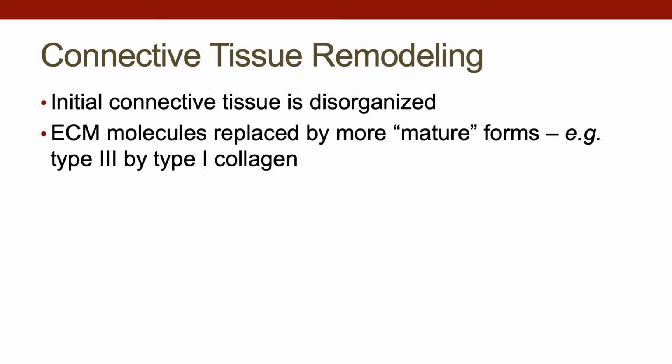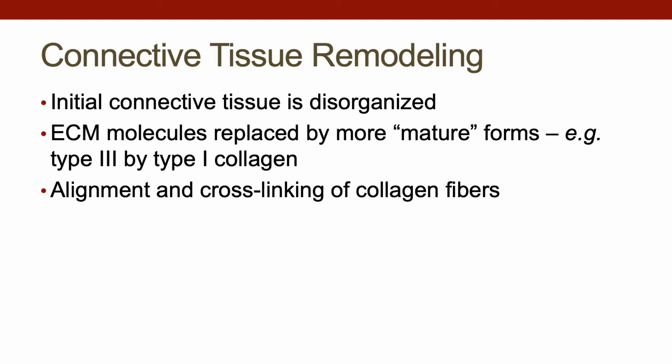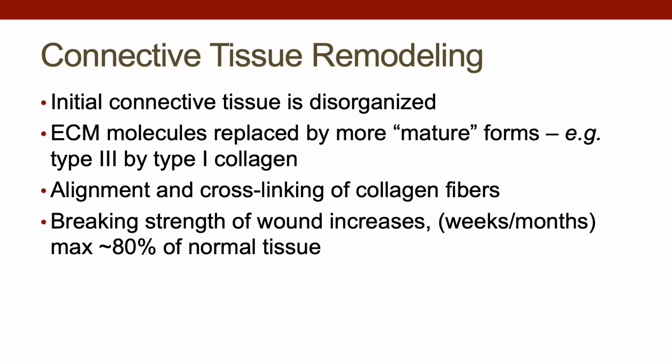For instance, type 3 is replaced by type 1 collagen. There's alignment and cross-linking of collagen fibers that occurs. And by this process, the breaking strength of the wound increases. So over weeks and months, you can return back to up to 80% of the normal tissue breaking strength.